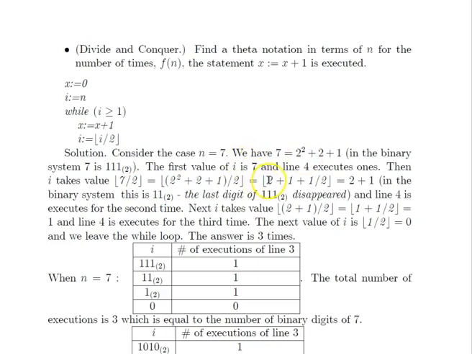When you divide by 2, you get this. 2 plus 1 is an integer, so the floor of this number is just 2 plus 1, since 1/2 is less than 1 and greater than 0. 2 plus 1 in binary notation is 1 1. So what happened is that the last digit of 7 in binary disappeared after the first run of the while loop.